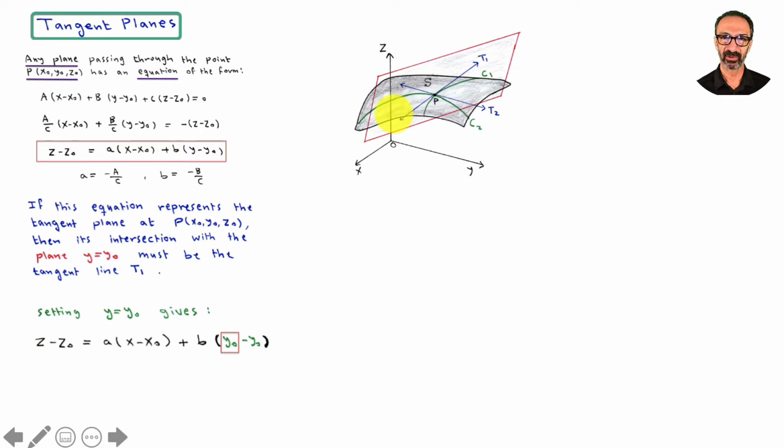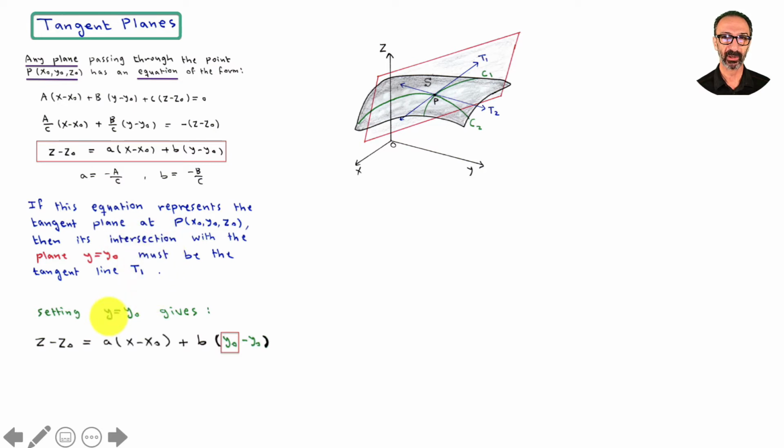In the previous video, we did the same thing, but when we set y equals y sub 0, we had the surface only, we did not have the tangent plane. The intersection was C sub 1. The intersection with the tangent plane will be the tangent line T sub 1. That is what is happening right here.